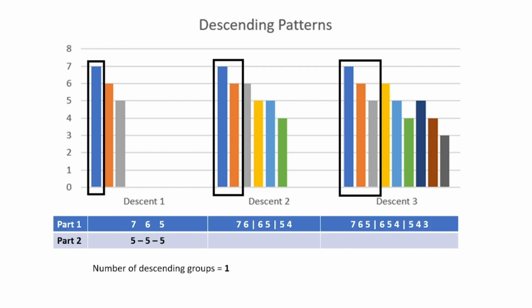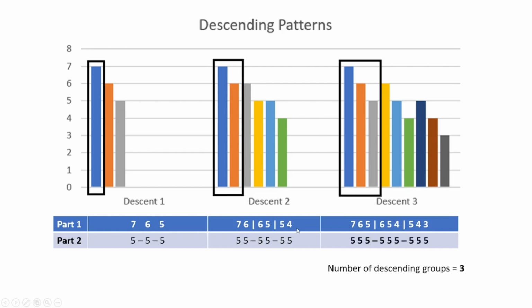The second, you descend in groups of 2, 7, 6, 6, 5, 5, 4, and correspondingly you have 2 Tatikitatums each time. And in the third, you descend in groups of 3, 7, 6, 5, 6, 5, 4, 5, 4, 3, and you have 3 5s each time.